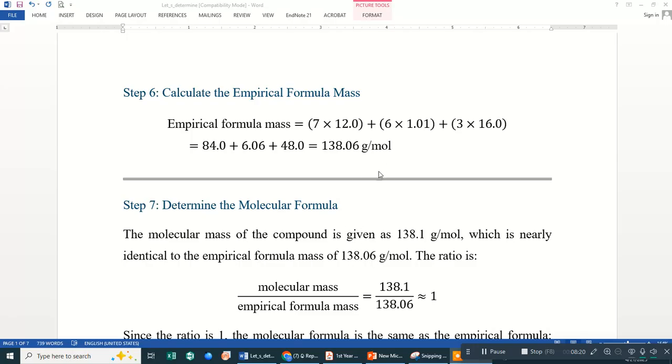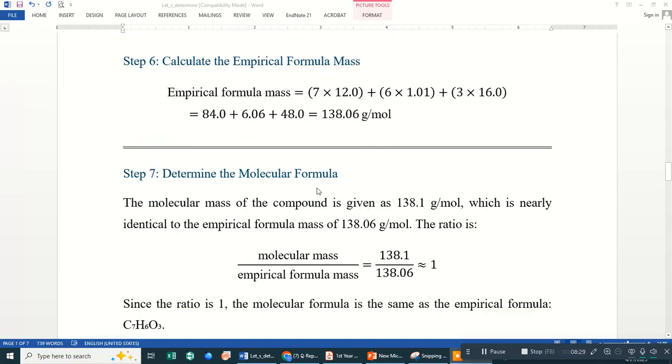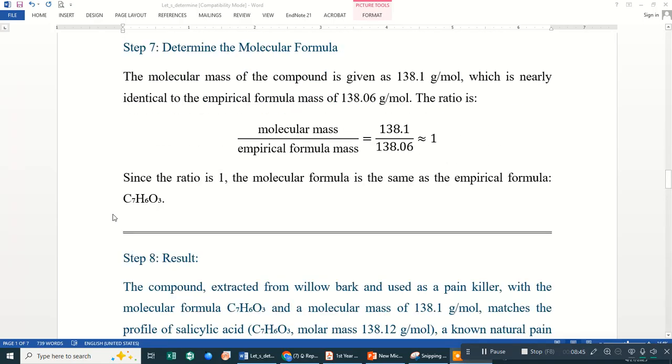It means the empirical formula mass and molecular formula mass are the same. Then we find the ratio of molecular formula mass to empirical formula mass, which is equal to 1. We multiply this ratio by the empirical formula C₇H₆O₃. It means the molecular formula and empirical formula are the same.